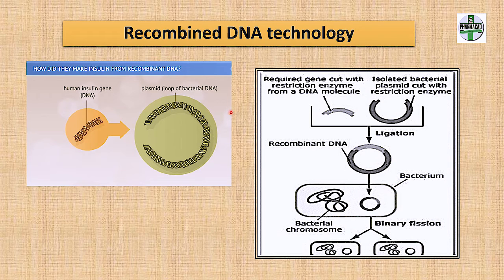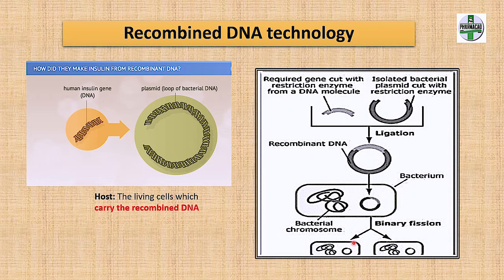Therefore, we take this circular DNA, called a plasmid. Once we join the gene to it, we insert it back into the bacteria, and the bacteria will keep on replicating, because of which it will make large copies of insulin, and we have insulin available in large quantity.